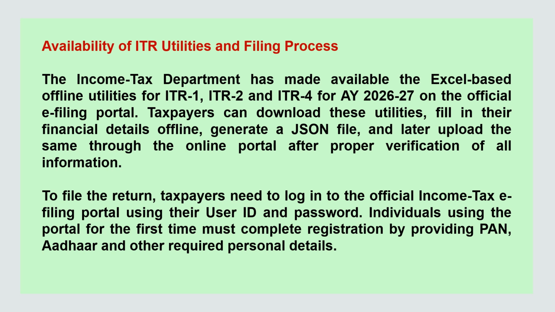To file the return, taxpayers need to log in to the official income tax e-filing portal using their user ID and password. Individuals using the portal for the first time must complete registration by providing PAN, Aadhaar, and other required personal details.